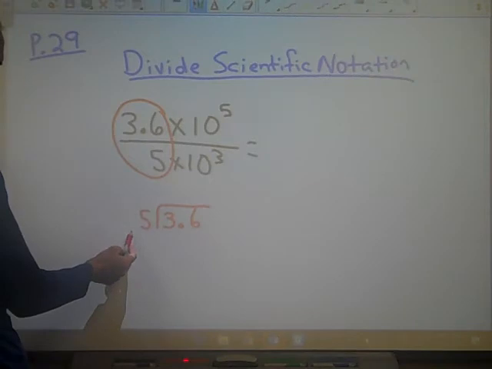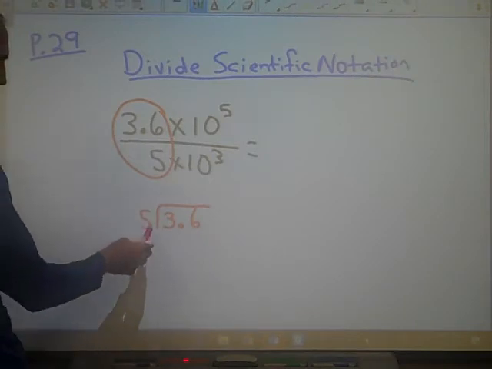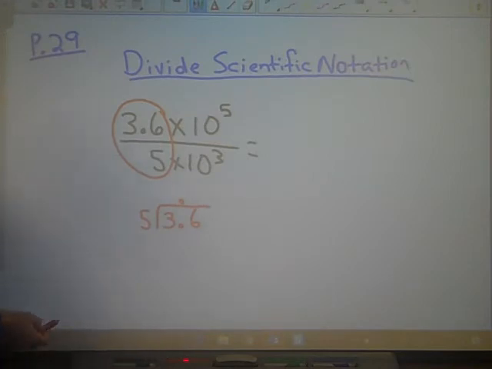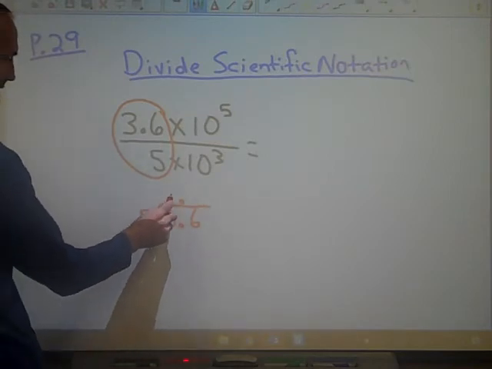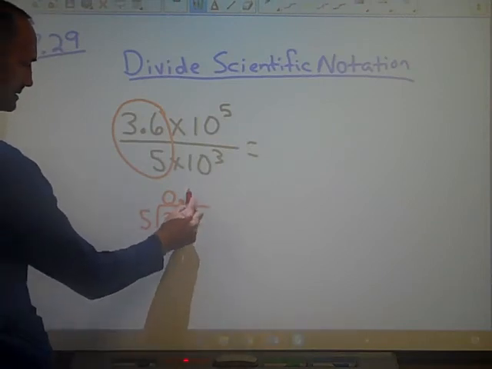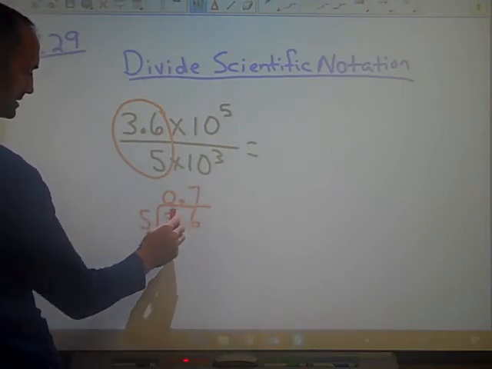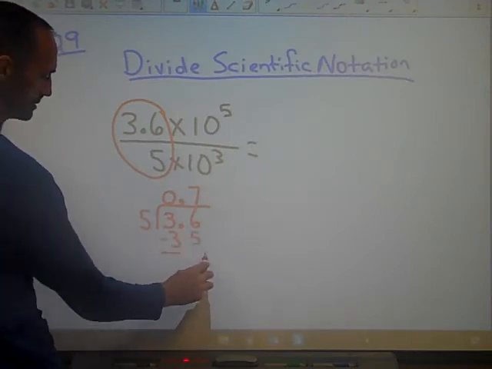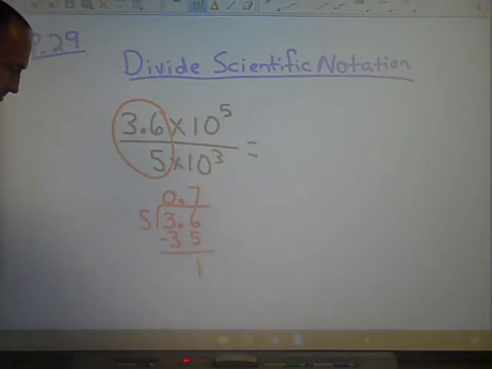Is there a decimal on the outside? No. But there's one on the inside, so we move it up. And we do division. Does 5 go into 3? No. Does 5 go into 36? Yes, it goes in 7 times. 5 times 7 is 35. Subtract, we get 1. Anything more to bring down?